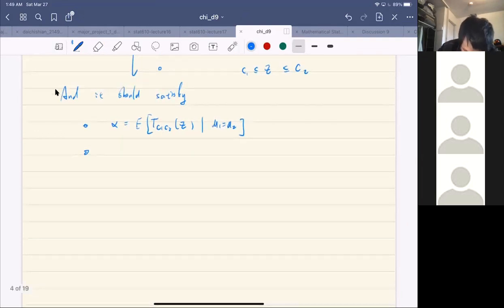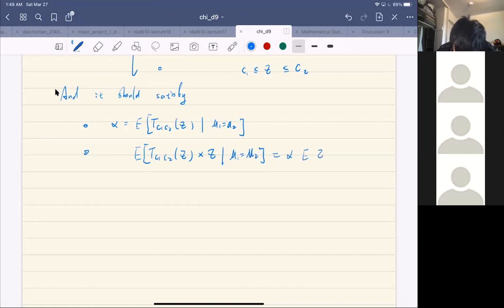Another one is that this multiplied by Z should be equal to alpha times the expectation of Z conditional on mu.